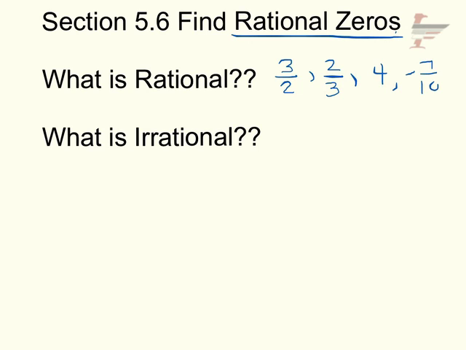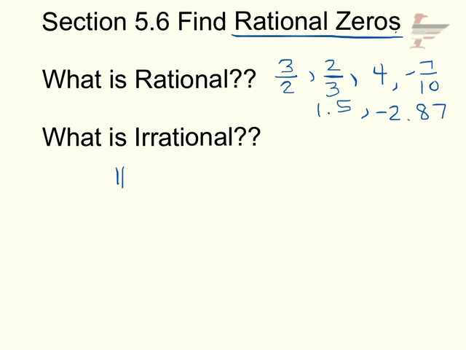I think you get the idea. I could also write it as a decimal, 1.5, -2.87, etc. Those are all rational numbers, so they're either a fraction or a decimal, and they repeat or they terminate. Okay, so that means irrational would be numbers that don't terminate or repeat.